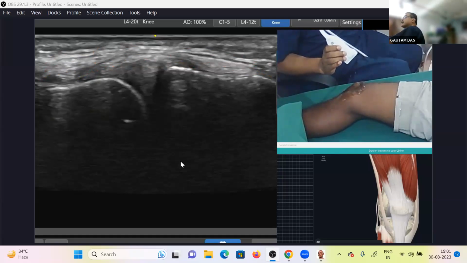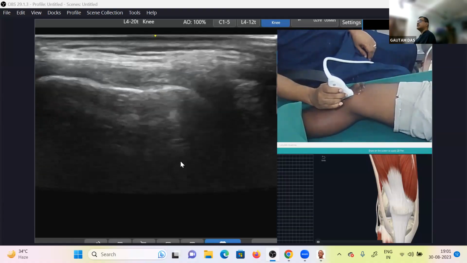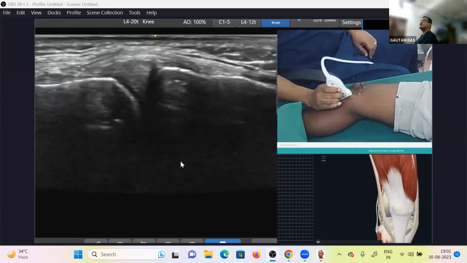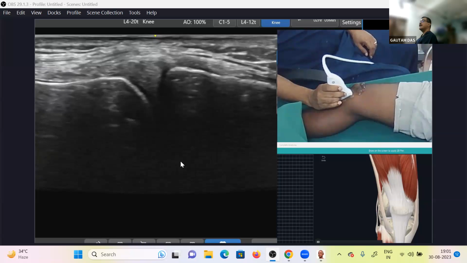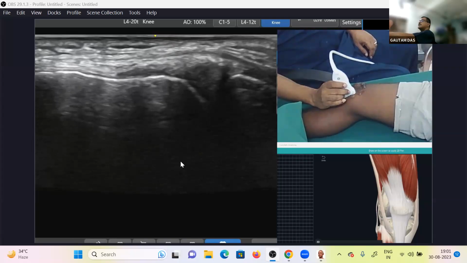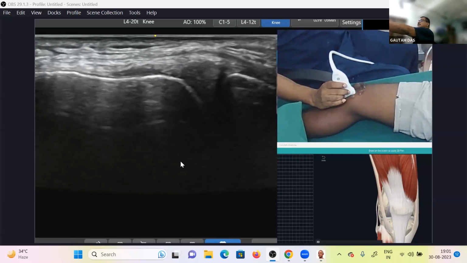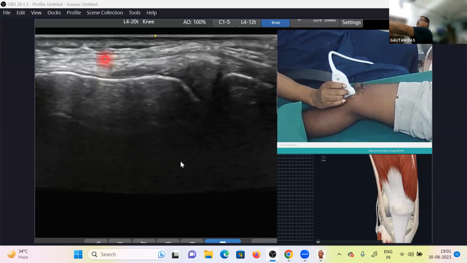Let me unfreeze and let me solidify. So I was here. Try to understand the 3 layers very nicely. And if I'm going above the superficial layer, see here it is again very nice. You can see the 2 layers above, below.